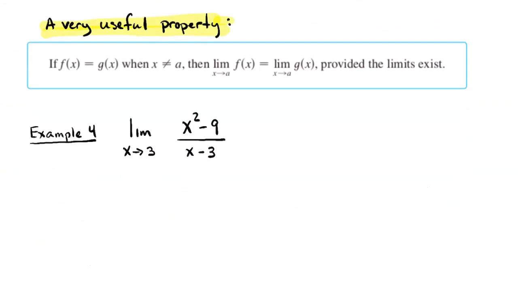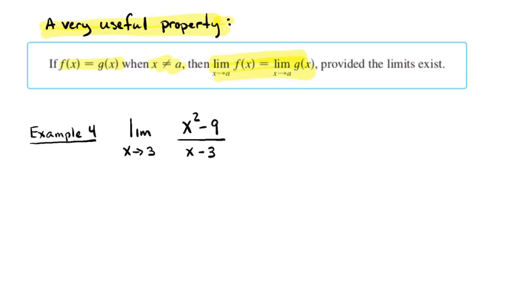If you take two functions, f and g, and they absolutely equal each other, except for possibly when x is equal to a. Because limits don't depend on the value of the function at a, they only depend on the values near it. So I have two functions that are equal to each other except for possibly when x is a, then they have the same limit at a, as long as one of those two limits exists.